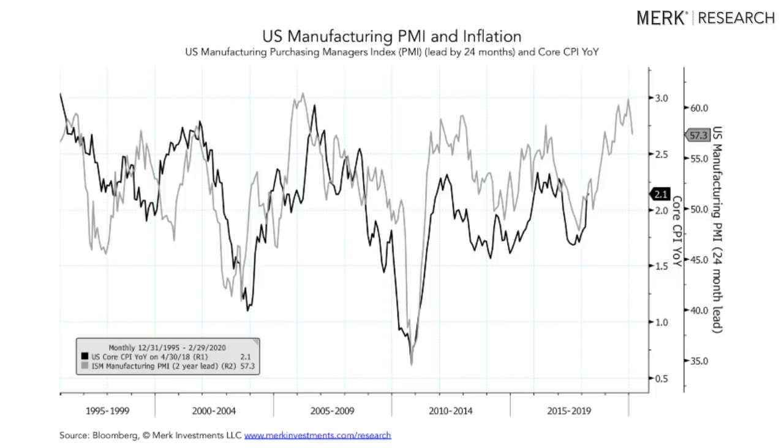Here we have a 24-month lead on the manufacturing PMIs. You can see a downtick there on the right in the gray line, down from about 60 to 57.3. So it remains to be seen whether the cycle high for manufacturing was that February reading at 60.5.